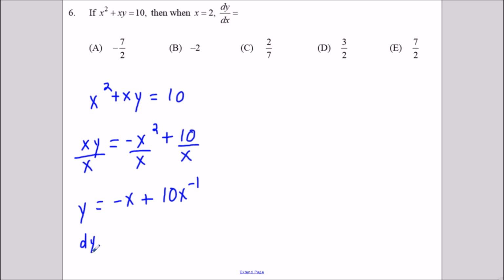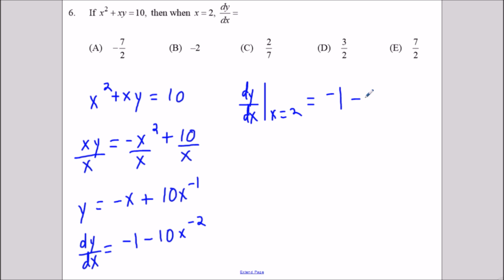So then dy dx, if we use the power rule, is negative 1 minus 10 times x to the negative 2. For this part, we're just going to plug in 2. So the derivative at x equals 2 is equal to negative 1 minus 10 times 2 to the negative 2.